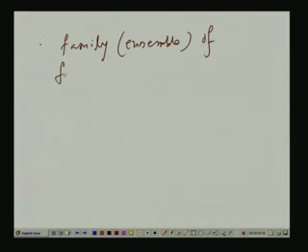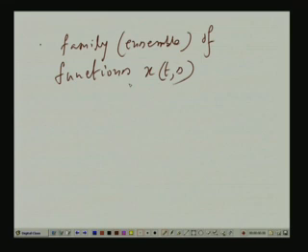A stochastic process is a family, which is also called an ensemble, of functions x(t, s), where s stands for the experimental outcome. This family, or ensemble or set, of all these functions constitutes the stochastic process.